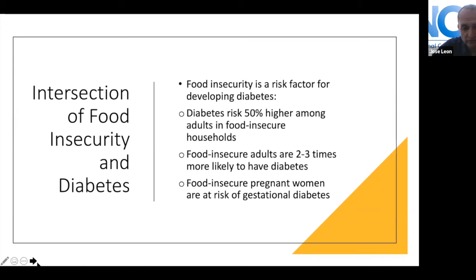So as a CHW, you have a better understanding of the needs of your patients and how you can assess food insecurity.